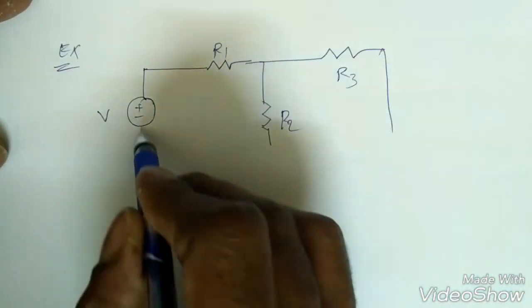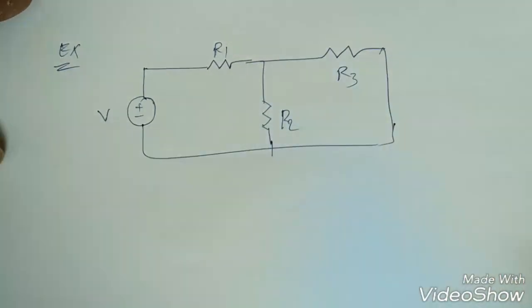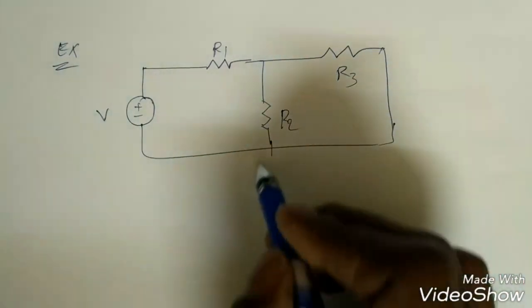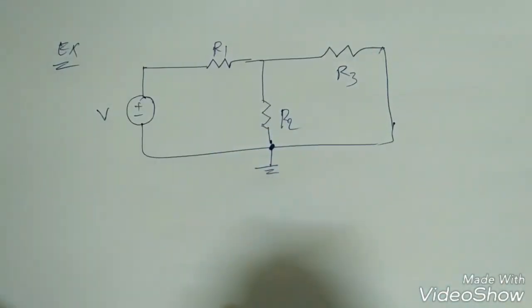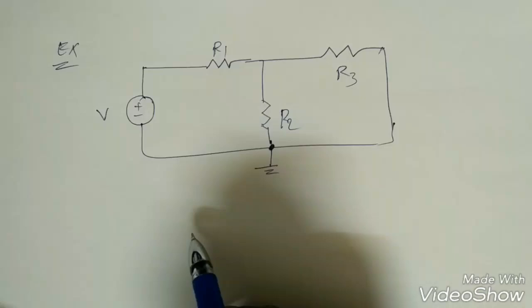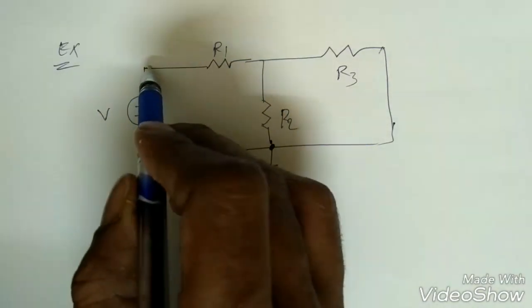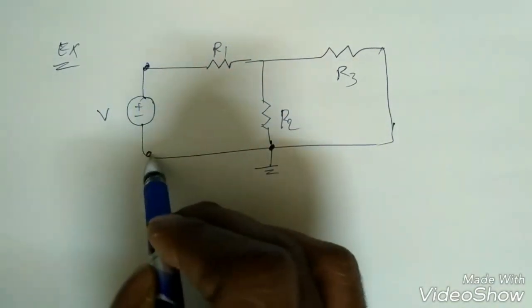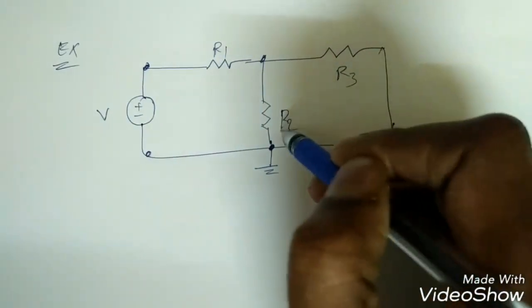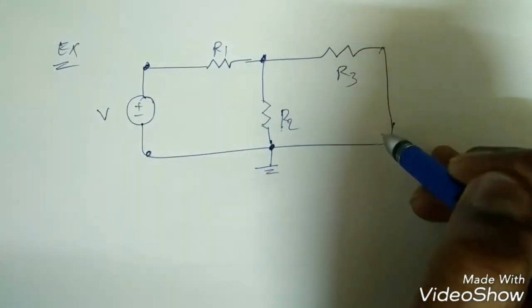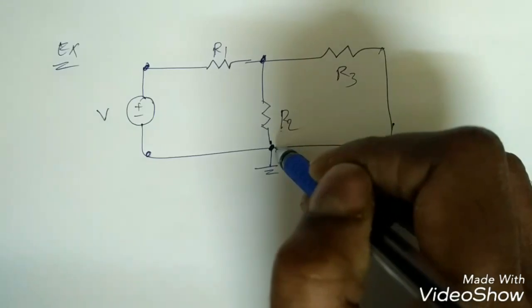When the circuit is given, you always first have to draw one node, which is the reference node, that is the common point. Now how many branches are there? From here to here one branch, from here to here one branch, from here to here one branch, and this is the short circuit, so here to here one branch.